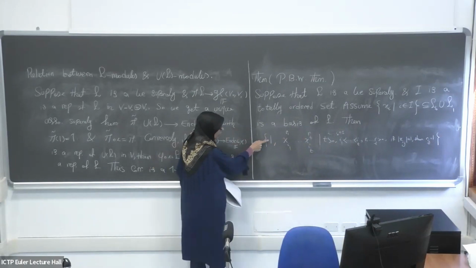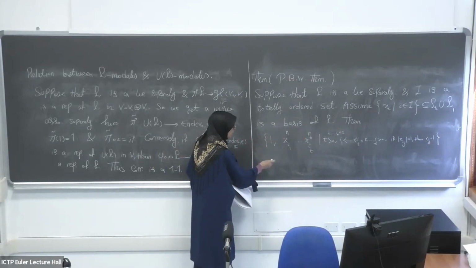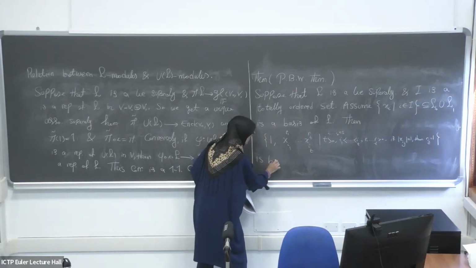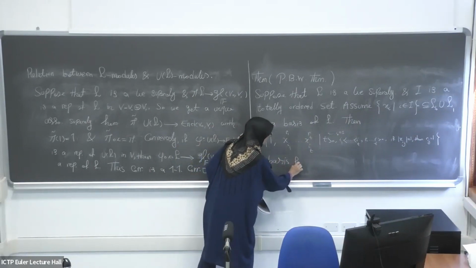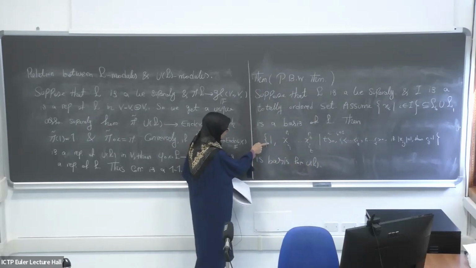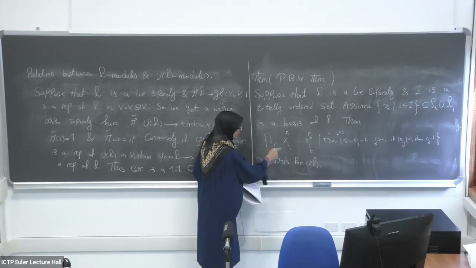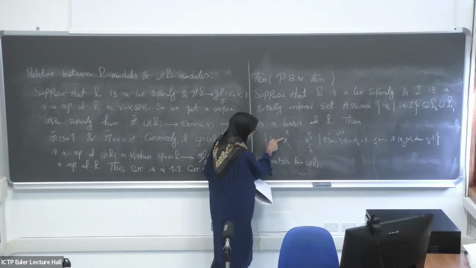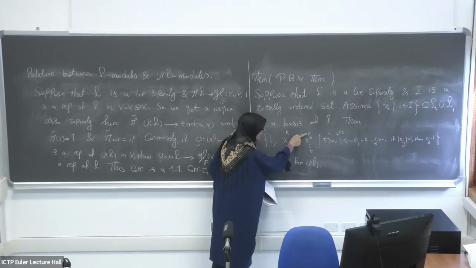Look at this. We have a basis for UL. And what is this basis? This basis contains 1 and other elements in this form: x_{i1}^{r1} up to x_{it}^{rt}.